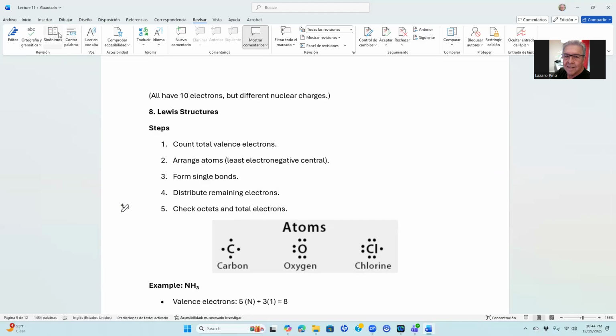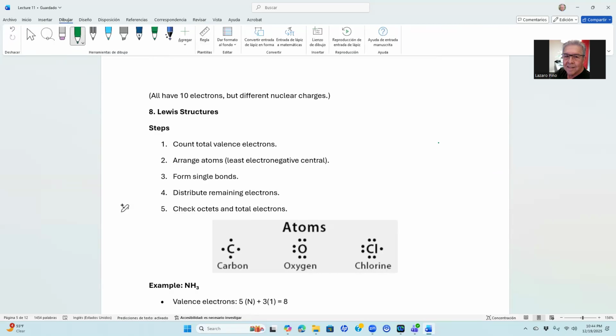For example, we know that carbon is in the group of carbon, they have 4 valence electrons. Then 1, 2, 3, and 4. I don't begin pairing until I have 1 electron on each side of the atom. Look at this.